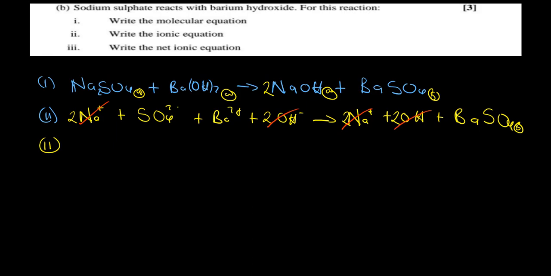So the net one will be sulfate, plus barium with a plus there, giving us barium sulfate. So this is the balanced equation, and this is the net ionic equation. In short, this is how to write the net ionic equation. Thank you very much for understanding this one.